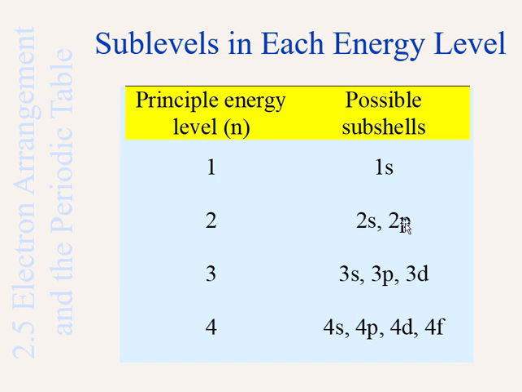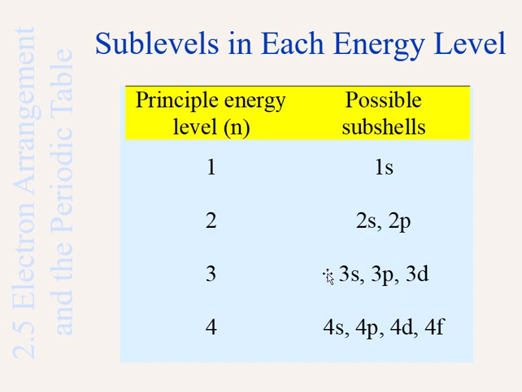With this 6 and this 2 put together, how many total electrons are possible? 6 plus 2, 8 electrons. And remember that equation we had for the total number of electrons possible when n equals 2. 2 squared is 4, 4 times 2 is 8. So that's where we get the 8 from: 2 in here and 6 in here.